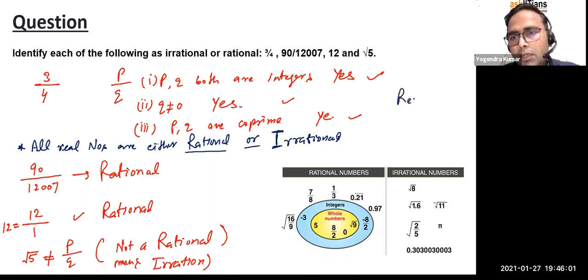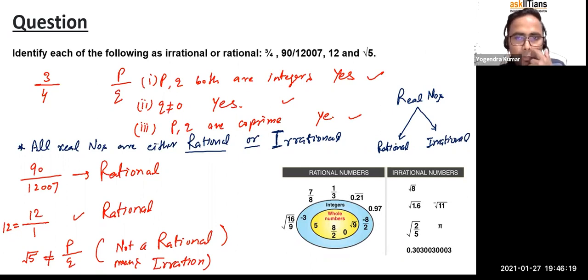Let me write down like this. Real numbers, they are rational or irrational. That's what the meaning is, right? Either they are rational or irrational. That's all, right? They can be further divided, right?